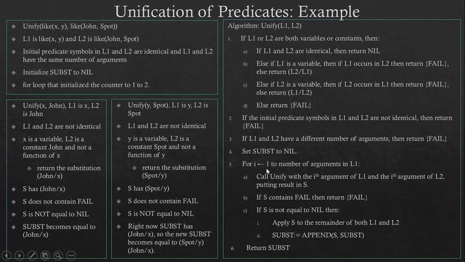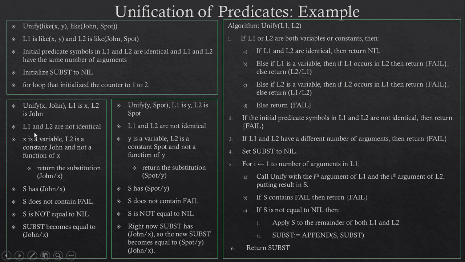We set up a for loop that is initialized to 1 and will run till the number of arguments in L1, that is 2. So I will take two values, 1 and 2. First, we call the unify algorithm with the first argument, unify x, John. Now L1 is x and L2 is John.